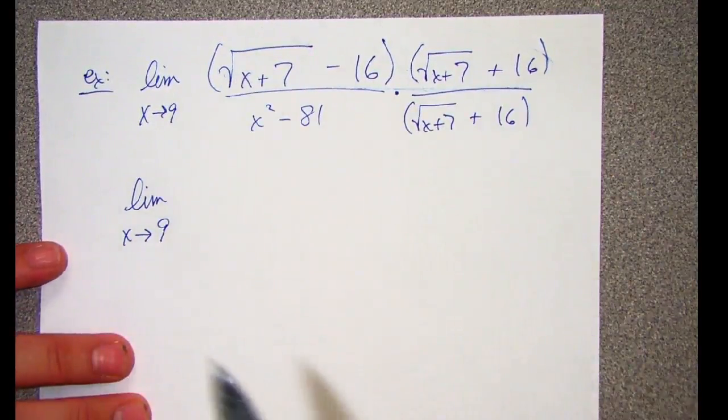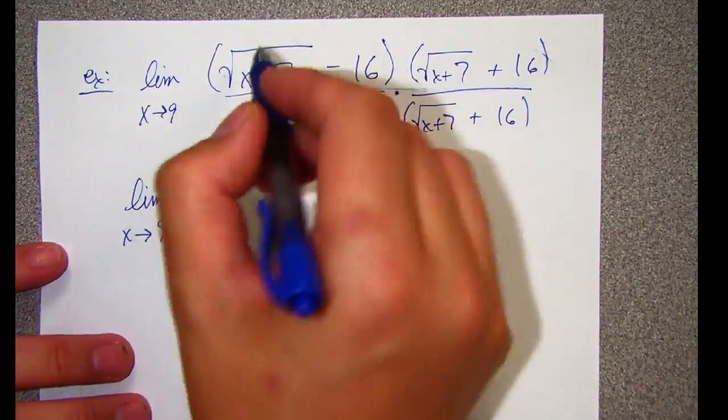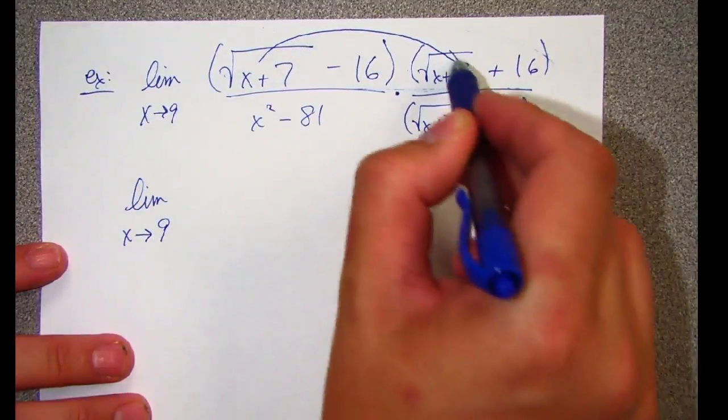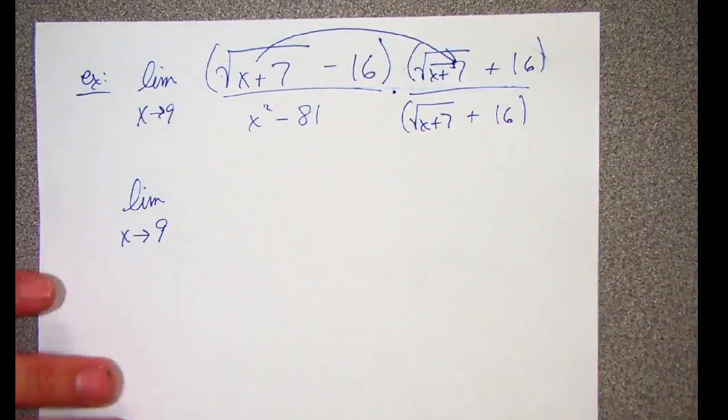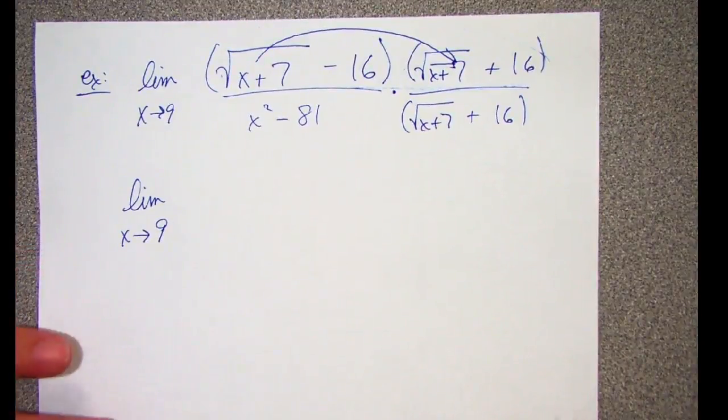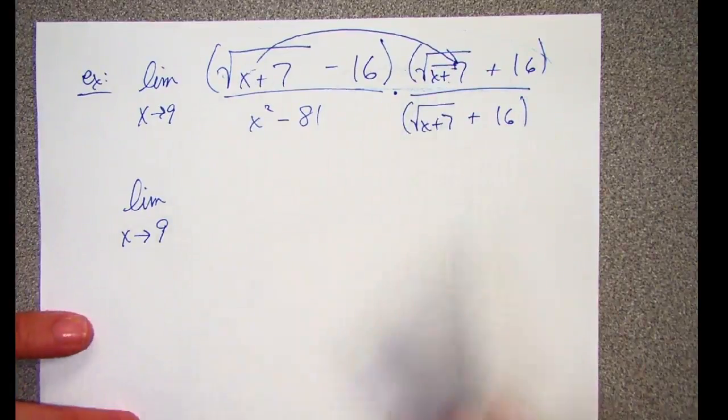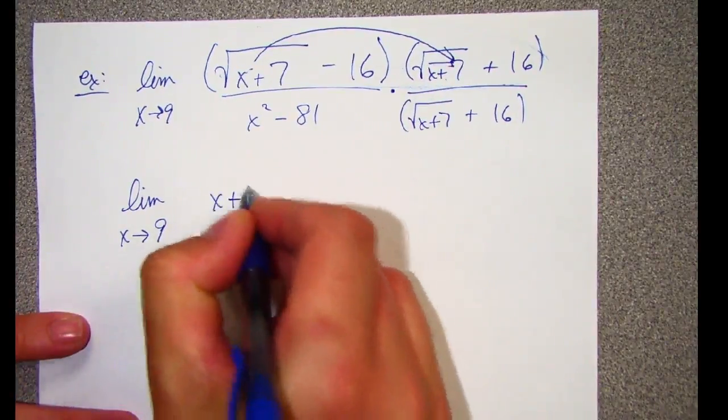So if you think through that FOIL, the square root of x plus 7 times the square root of x plus 7. If you think about like the square root of 9 times the square root of 9, that would be 3 times 3. That's 9. So the square root of 9 times the square root of 9 is 9. The square root of 16 times the square root of 16 is 16. The square root of x plus 7 times the square root of x plus 7 is x plus 7.